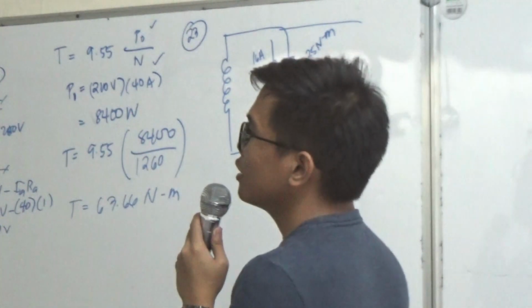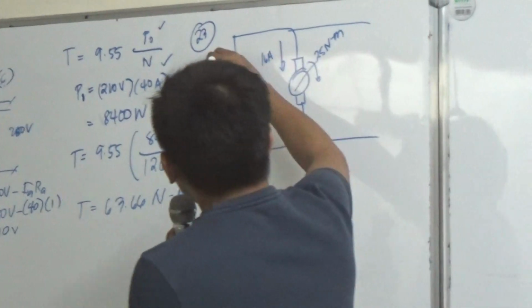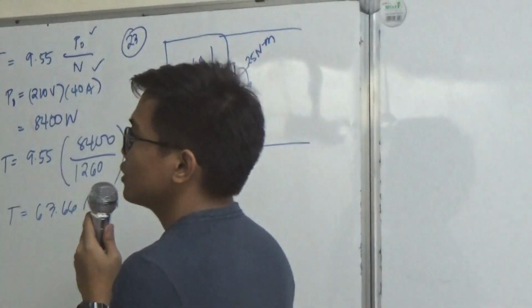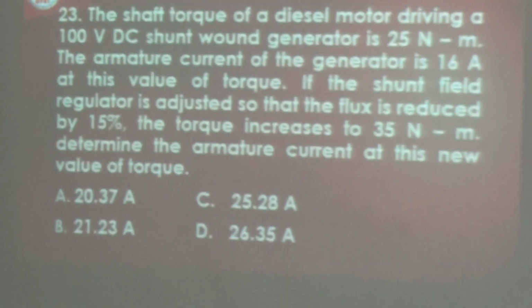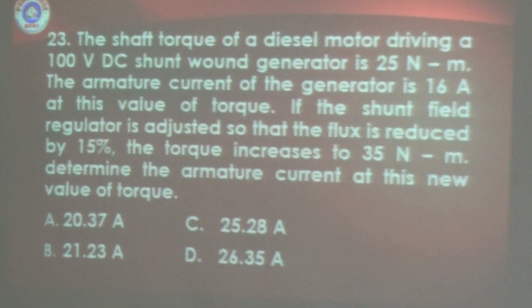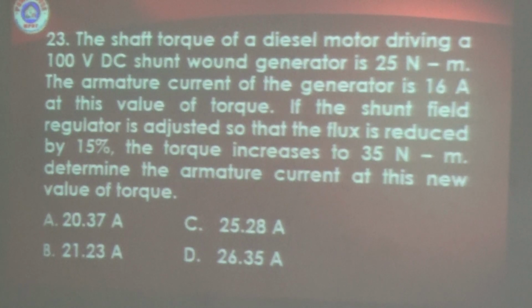If the shunt field regulator is adjusted so that the flux is reduced by 15%, yung flux 2 mo is reduced ng 15% dun sa flux 1. So what will be the relationship? 100% minus 15 is 85, so 0.85.